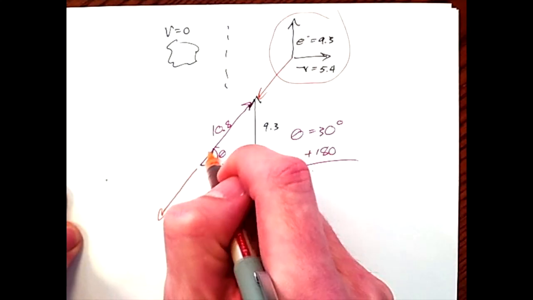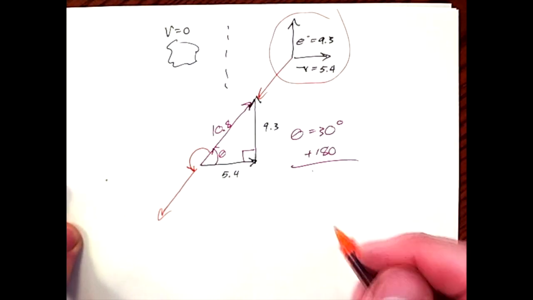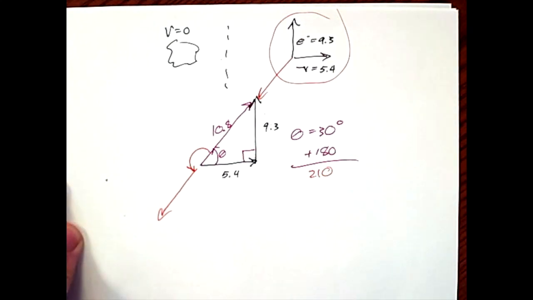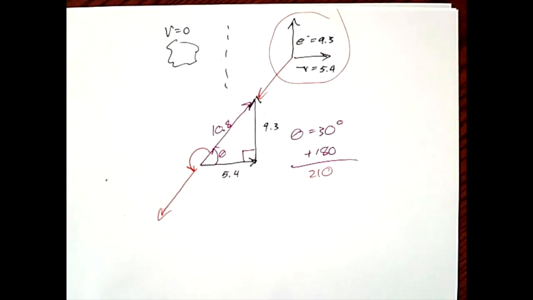Because 180 plus theta gives me the proper direction of going the opposite way, which is what, 210? Inverse tangent of these, yeah. Actually, I think I have these reversed on my answer key, so it's not 30 degrees, it's 60, but you get the point.